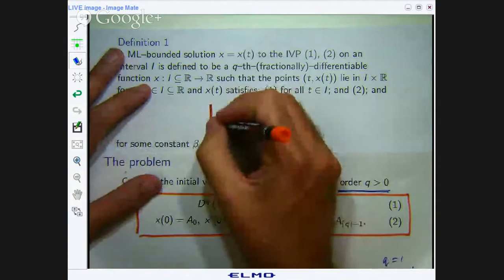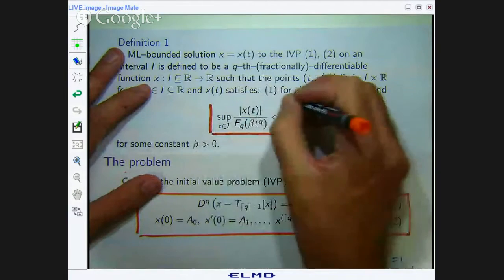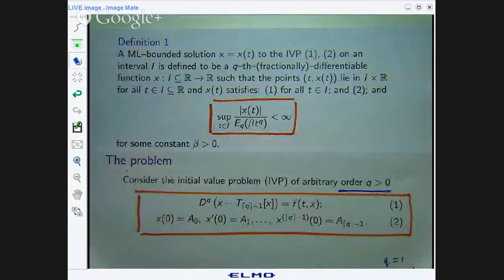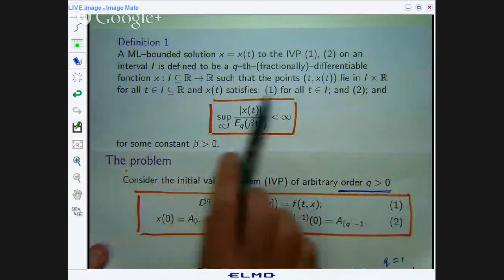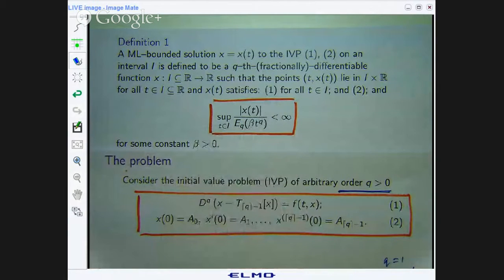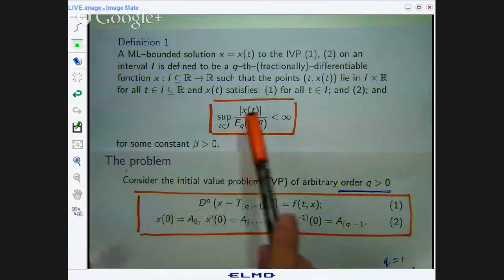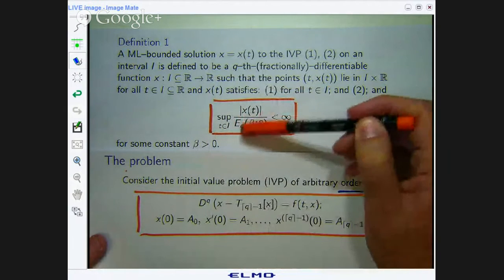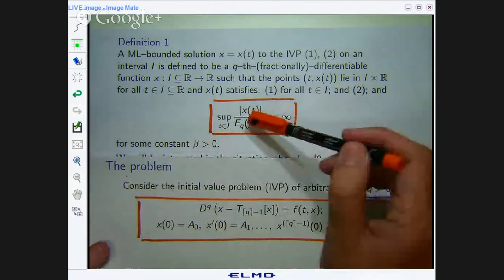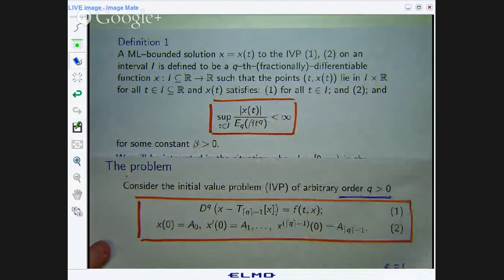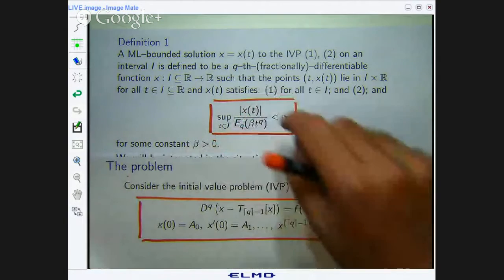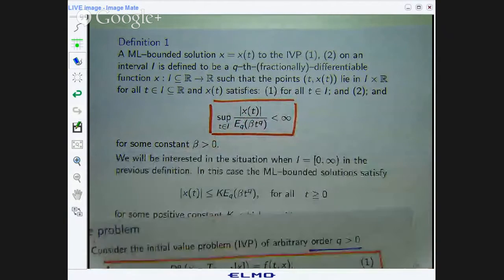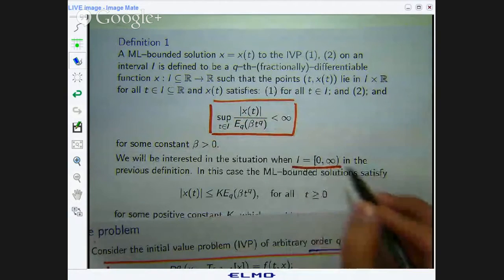But I'm going to add an extra condition on that solution. This is, if you like, a geometric extra condition that we're going to look for. This supremum of the solution divided by this particular Mittag-Leffler function has to be finite, where beta is some positive constant. Okay, so what that means is, in our situation, I is going to be this.